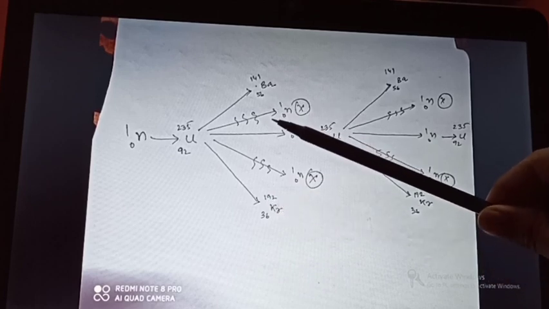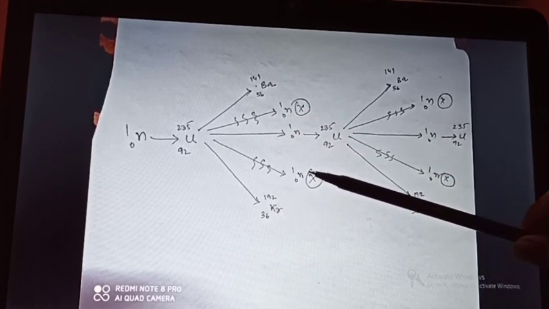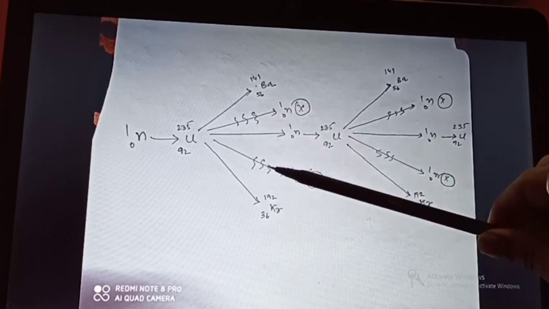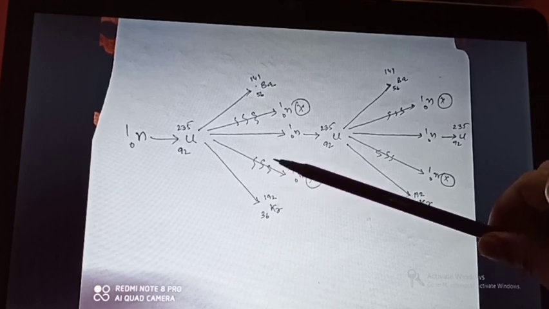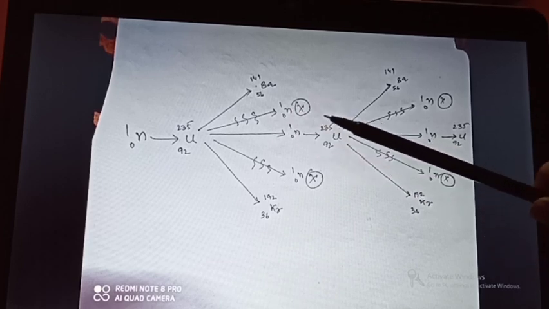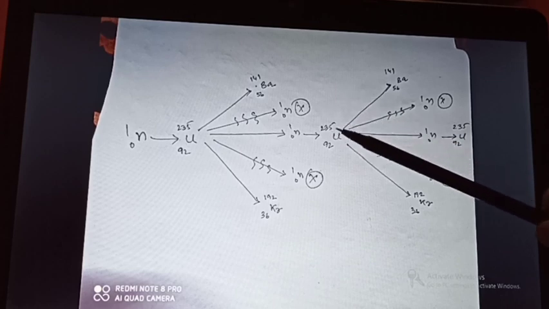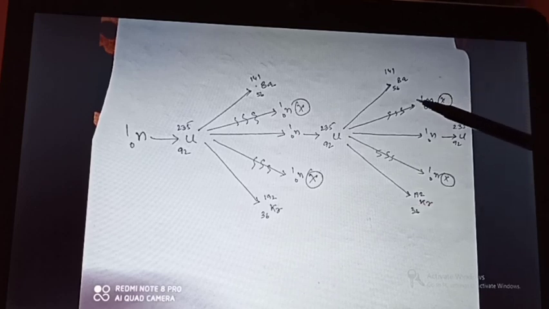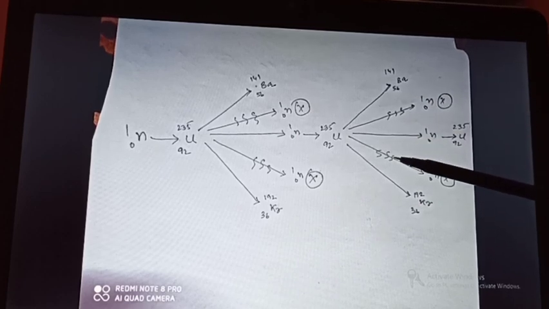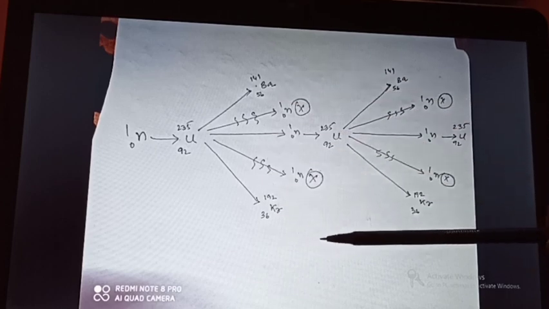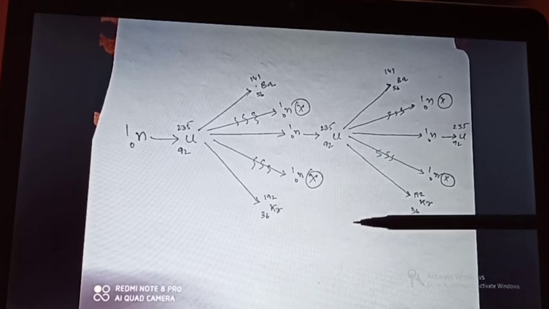At the same time 3 accelerated neutrons are produced, but this time out of 3 neutrons, 2 are absorbed by the boron rod, and only 1 neutron is allowed to hit the nucleus of uranium. Again this uranium will produce 3 neutrons and also barium and krypton, but out of 3 neutrons 2 are absorbed by a boron rod and 1 is allowed to hit another uranium. So this is a good example of a controlled nuclear reaction.